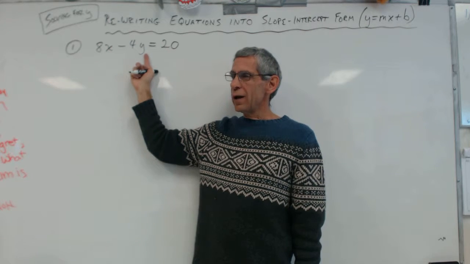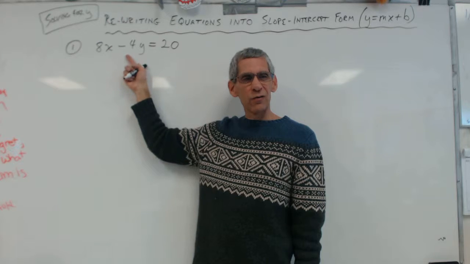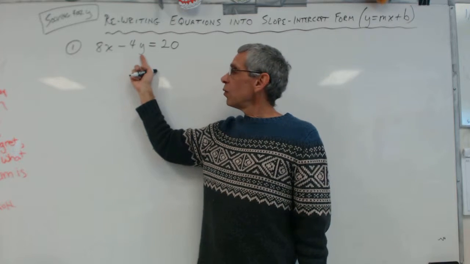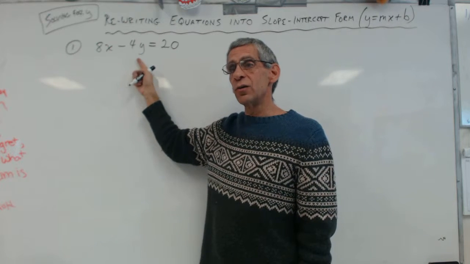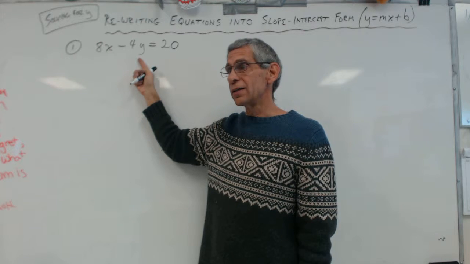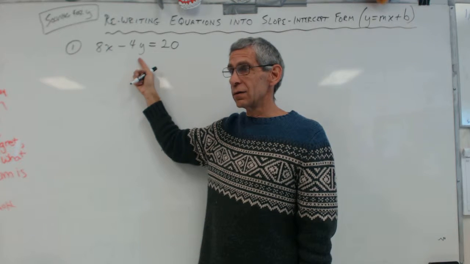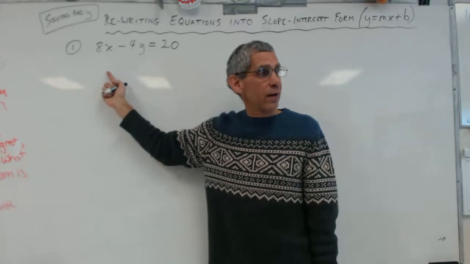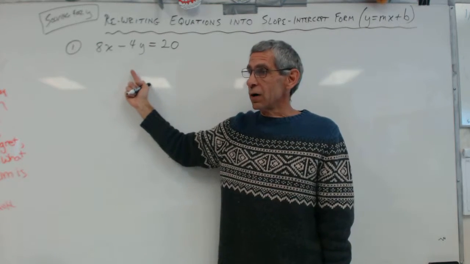And why would I not deal with the minus 4 first? What would I have to do? What is negative 4 doing to y? Is it multiplying, subtracting, dividing? It's multiplying. That means to get rid of that negative 4 right now, I'd have to divide everything by 4.